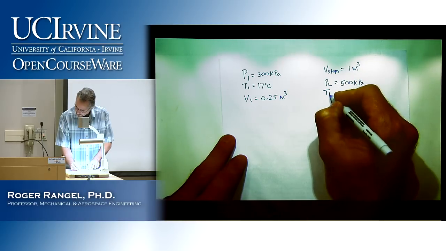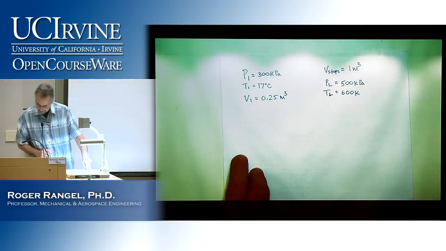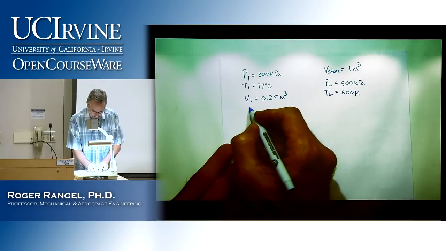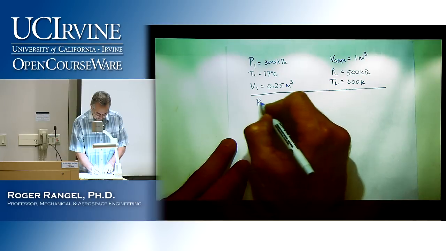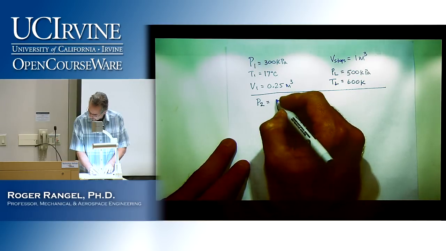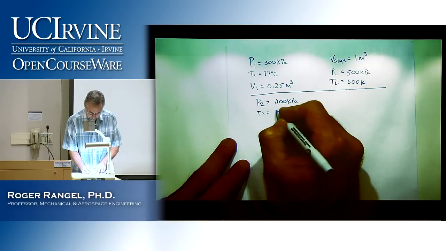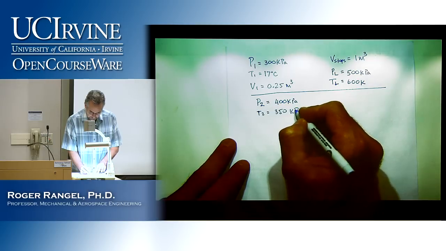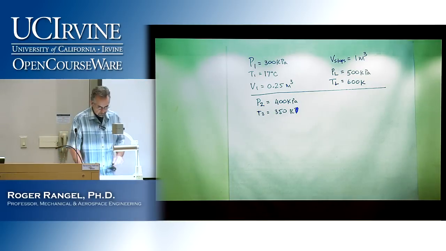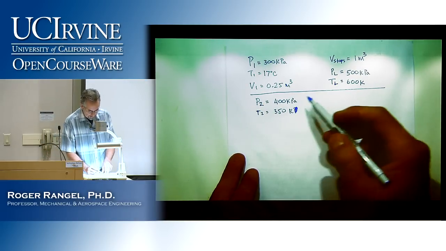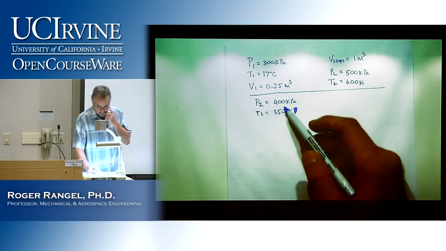And the temperature in the line is 600 Kelvin. And then after the cylinder is filled, we're going to have a pressure P2 of 400 kilopascals and a temperature T2 of 350 Kelvin. So that's the data. So here you can verify what I said. The initial pressure is 300, the line pressure is 500, the final pressure is in between, is 400.